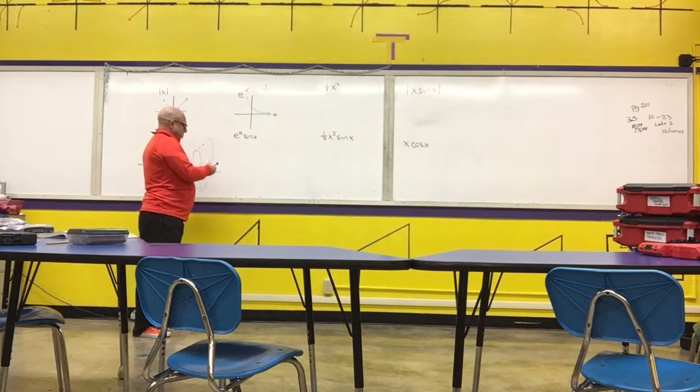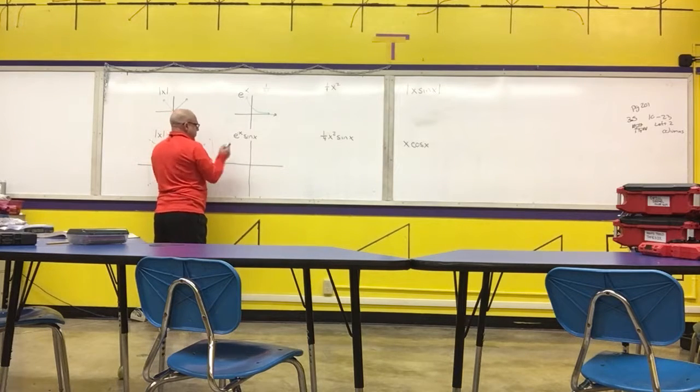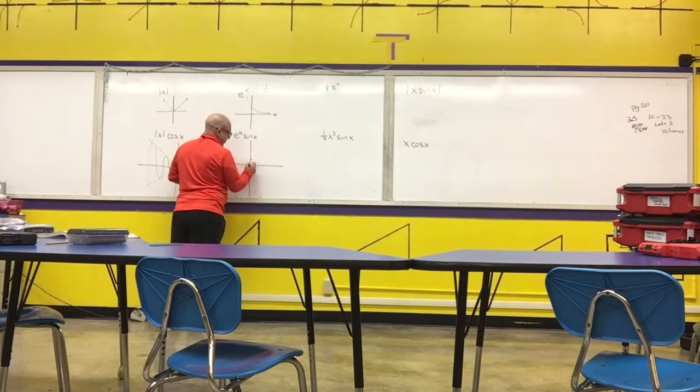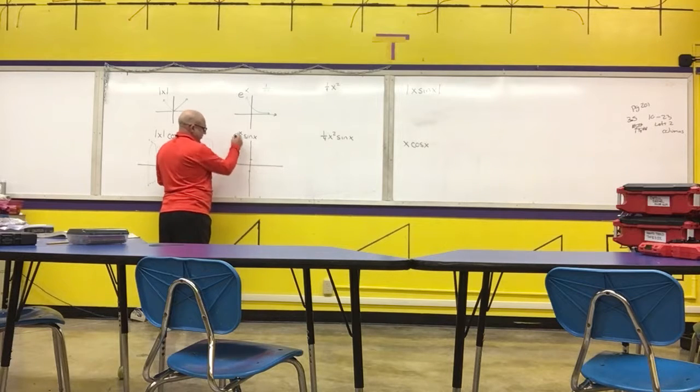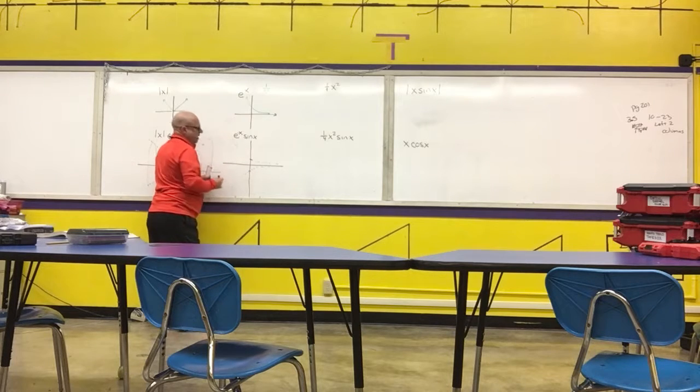But again, we're going to graph the e to the negative x function. And e to the negative 0 is 1. So we're going to dot those graphs in. And then we're going to graph our sine function.